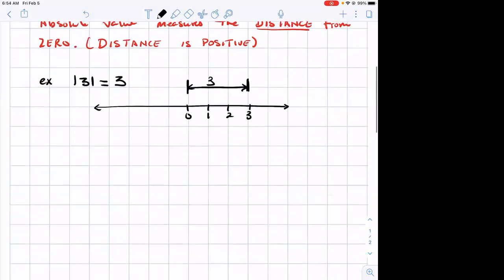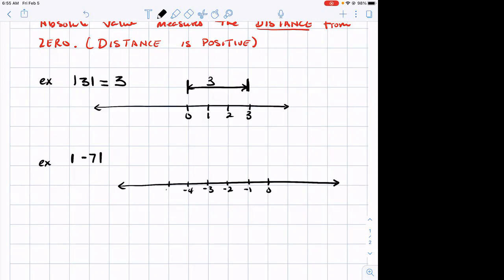Well, how about if we look at another example? What's the absolute value of -7? Well, if we look at the number line again, and the distance from here to 0, what is this distance?